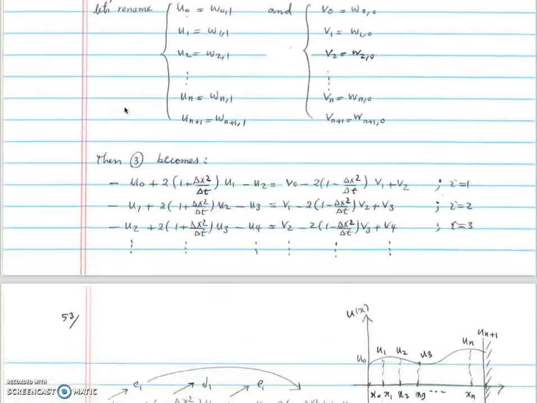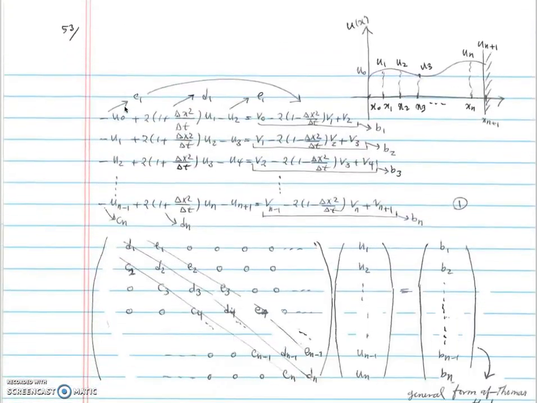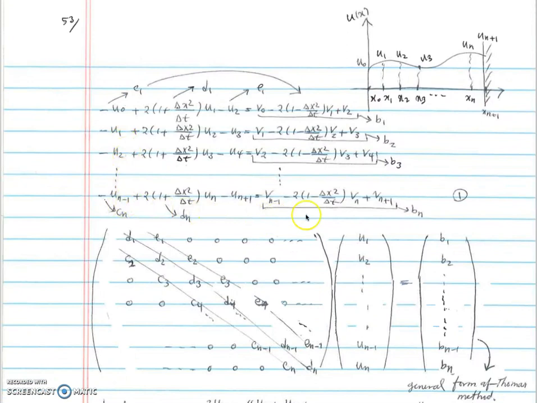So let's go back to there. This is the last equation when I plugged in i equal n. And so you get negative un minus 1 plus 2 times 1 plus del x squared over del t un plus 1, and on the right side you get vn minus 1, vn, and vn plus 1.